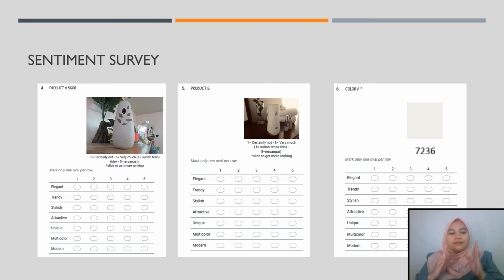As you can see, in the first example for the product survey, I show 8 Kansei words that represent the emotion or feelings towards the product. Respondents need to rate from 1 to 5, where 1 is certainly not related to the Kansei word, and 5 is very much related to the Kansei word.